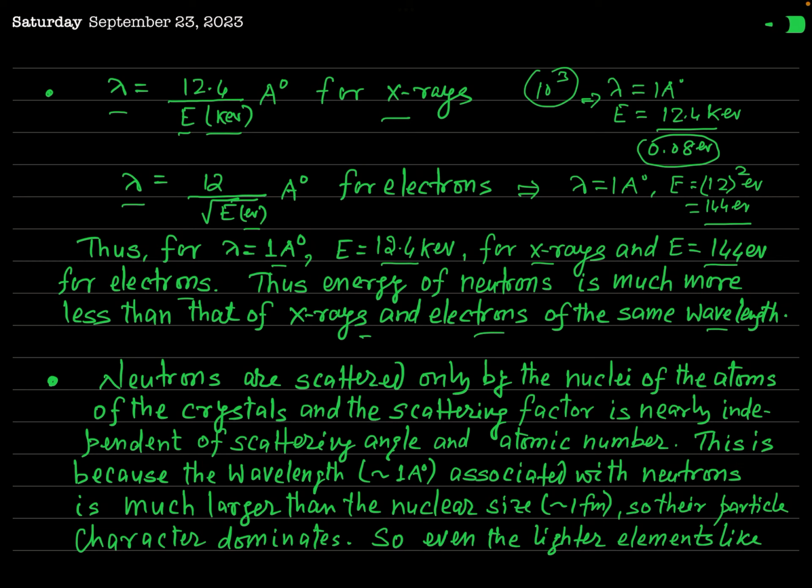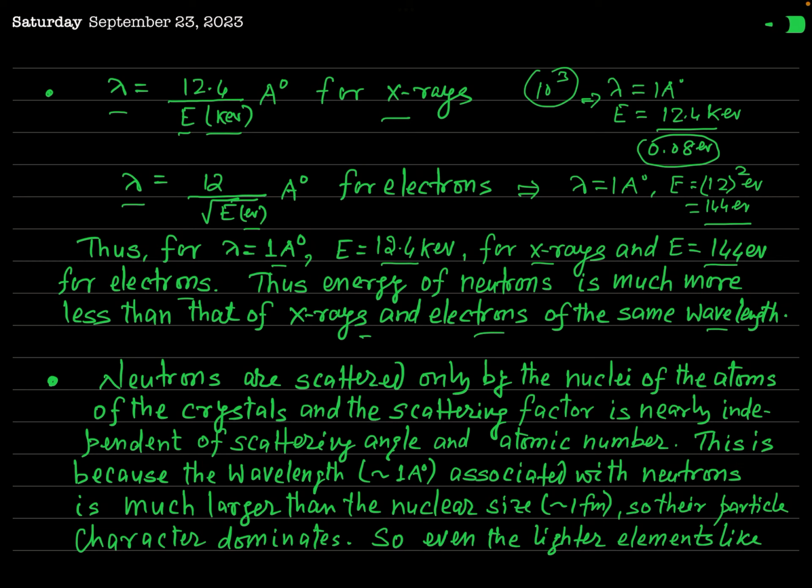Actually, in case of electron, you have seen that diffraction of electron takes place by both nuclei of the atom and the extranuclear electrons of the atom, because the extranuclear electrons also repel the incident electron beam, so they also play a very important role.